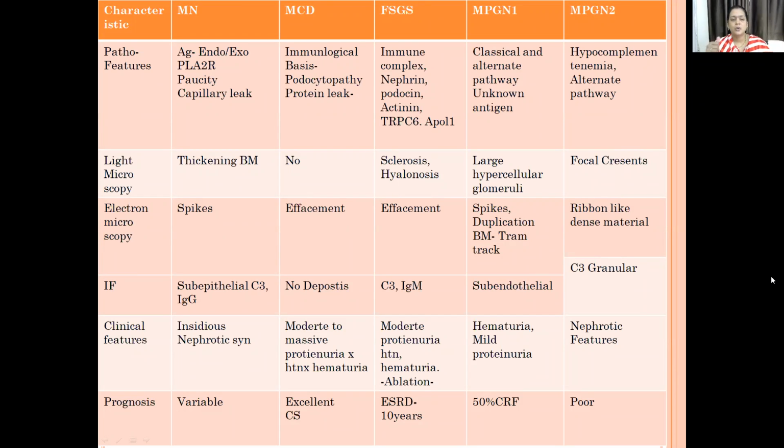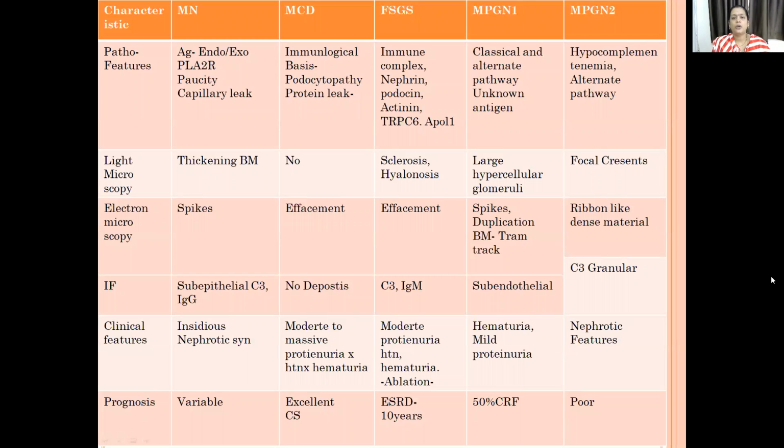So in membranous nephropathy, the prognosis is usually variable because of the progression either from the mild to moderate proteinuria or moderate to massive proteinuria. It may take months to years for it to go into end-stage renal disease.